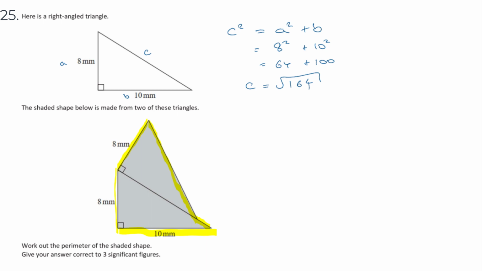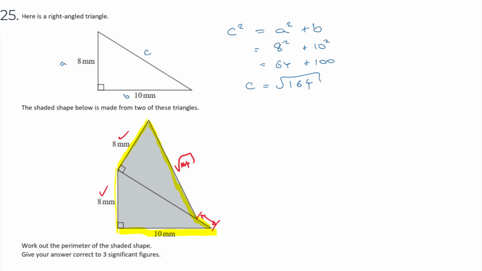Okay, and then let's see if we can work out this last little bit. So now we know this side is root 164. The last thing we need to do is this little teeny tiny bit here.